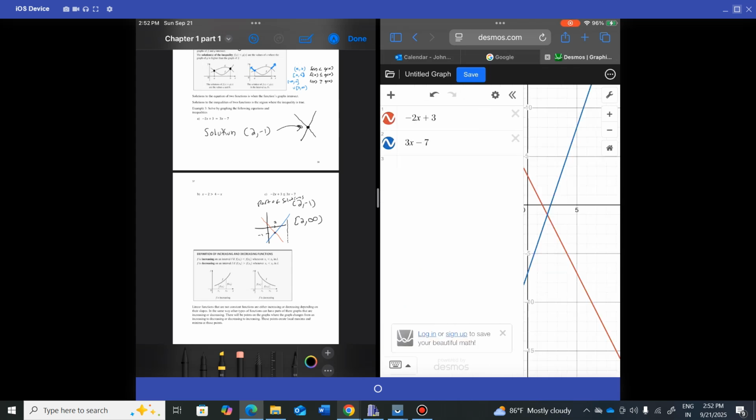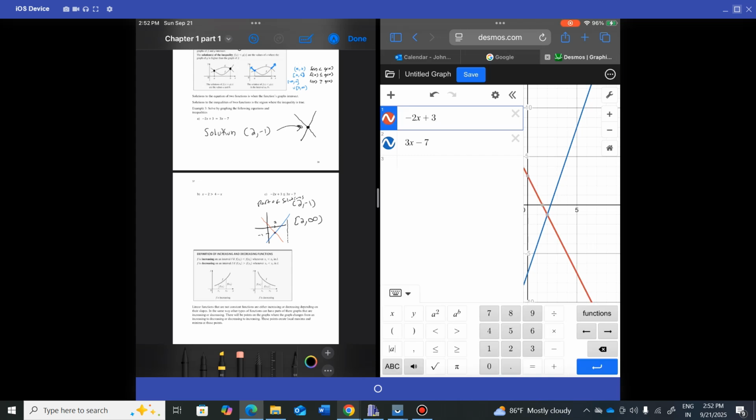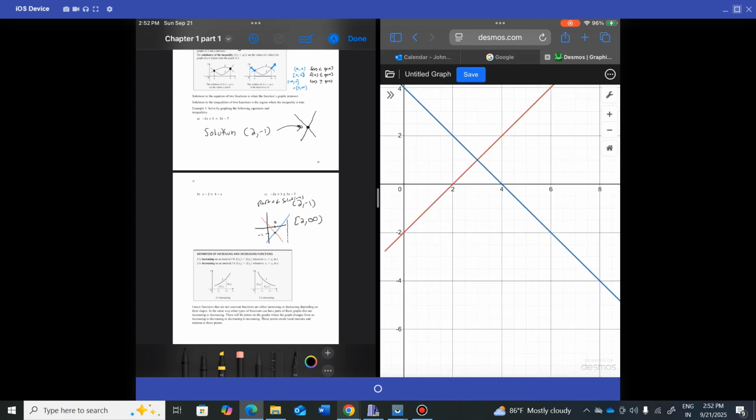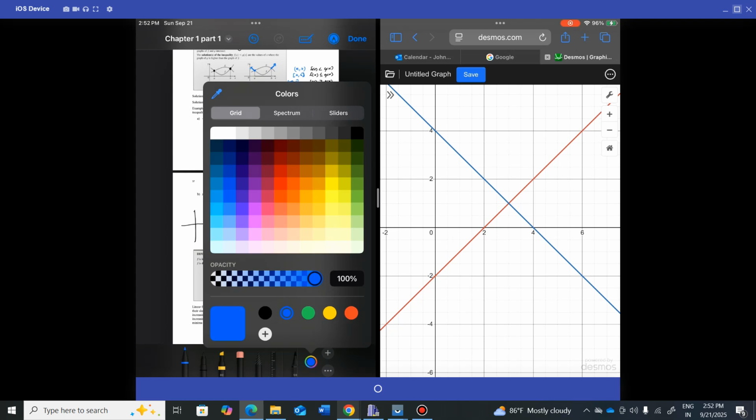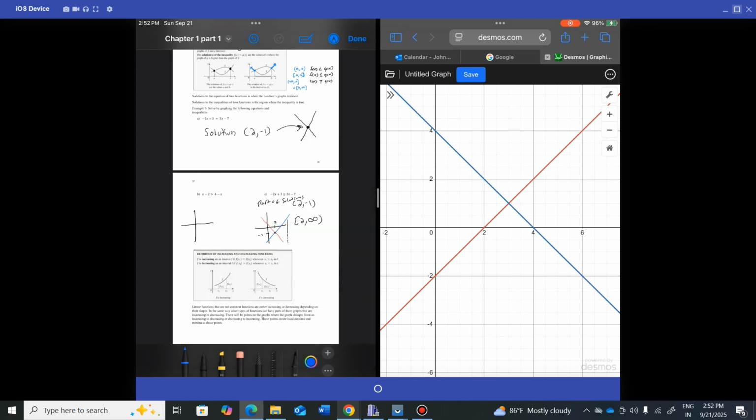Now let's look at another one. So this is going to be x minus 2, and this is going to be 4 minus x. A quick sketch of this: we have a line coming down, red line coming up.